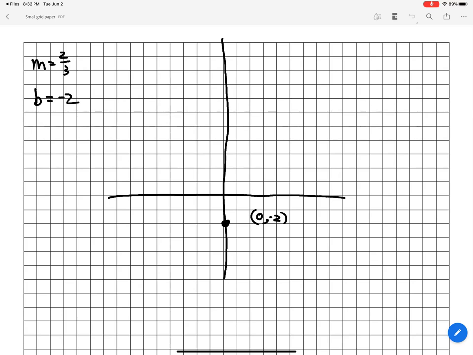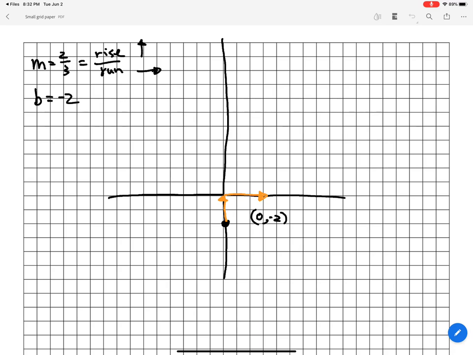Now when it comes to slope, remember, that's your rise over run. This is telling me when I have a positive 2 on the rise, I have to go up. My run is also positive, so I have to go to the right. So I'm going to use (0, negative 2) as a starting point, and then go up 2 and 3 to the right.